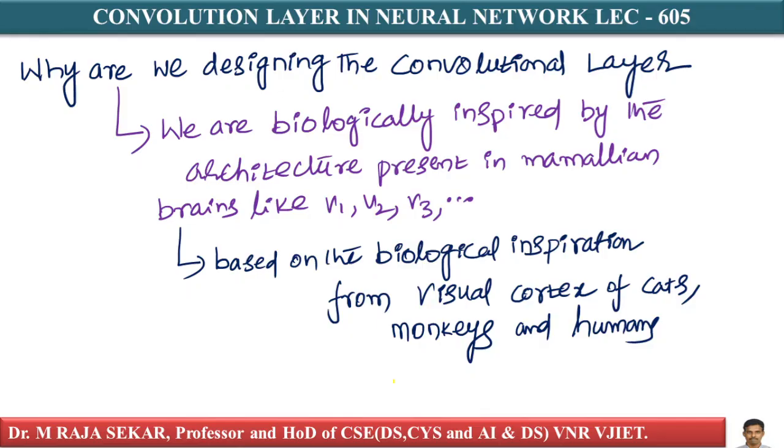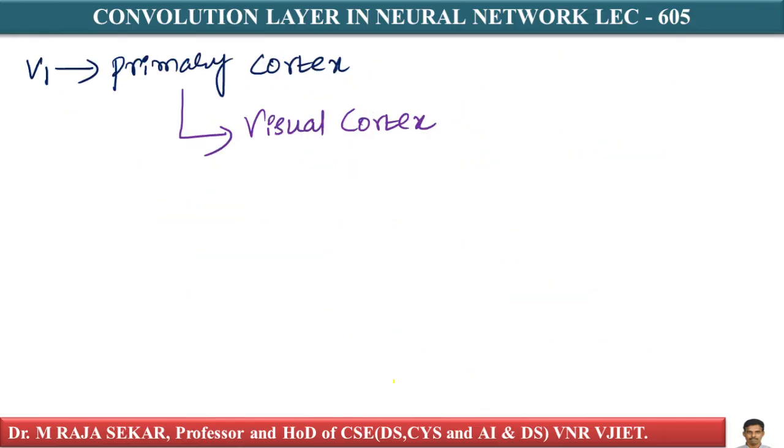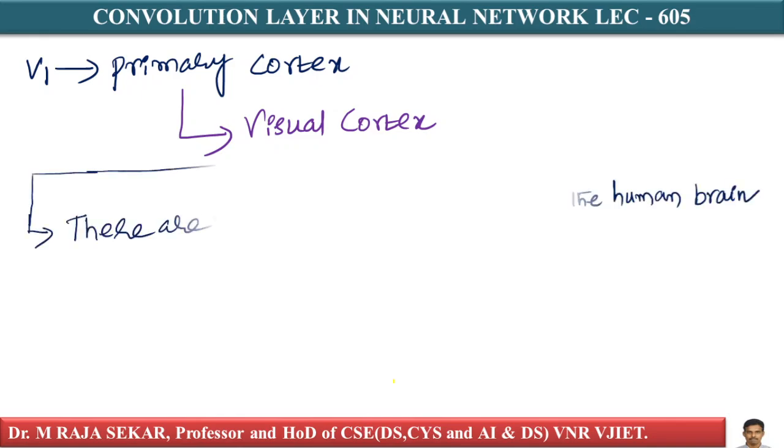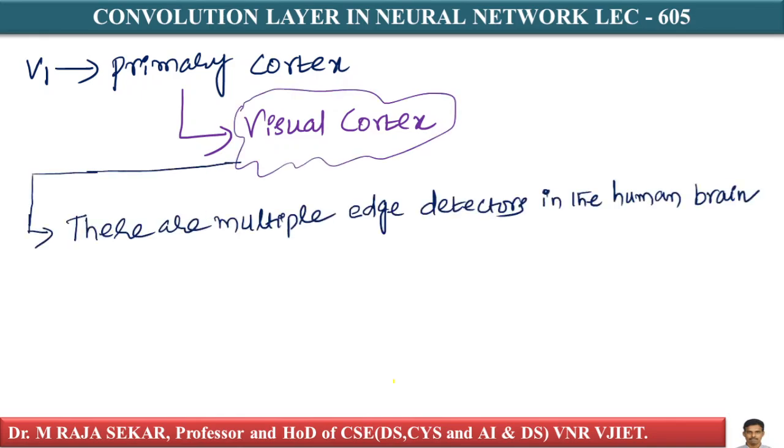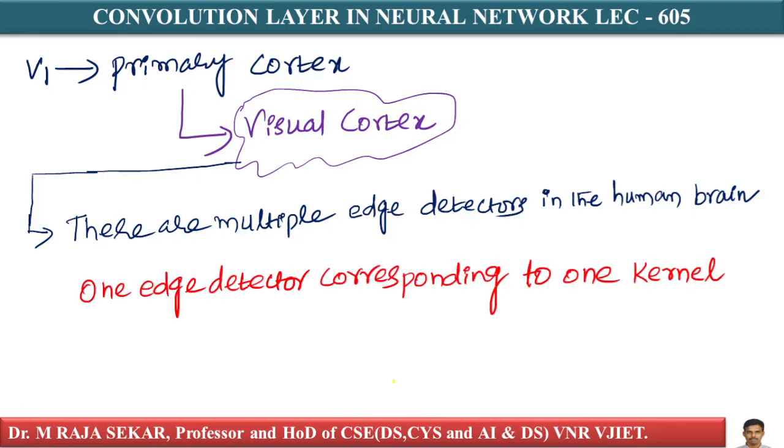We know that within V1, that is the primary cortex, which means the visual cortex, there are multiple edge detectors in the human brain, and we know that one edge detector corresponds to one kernel.